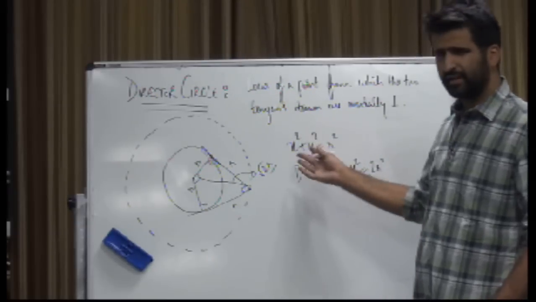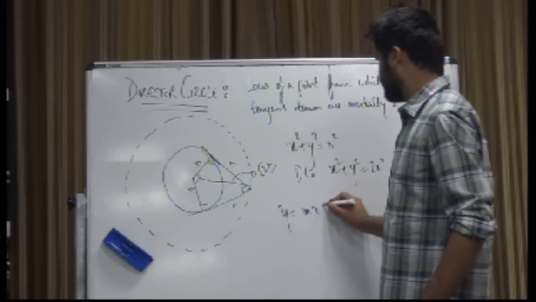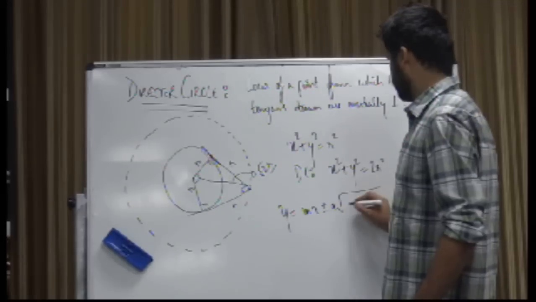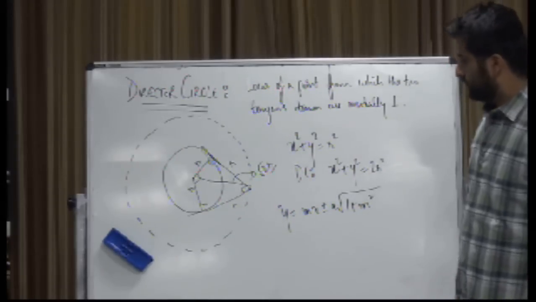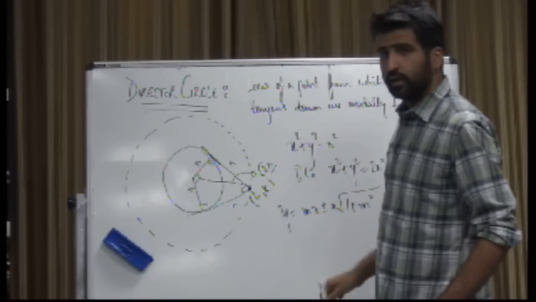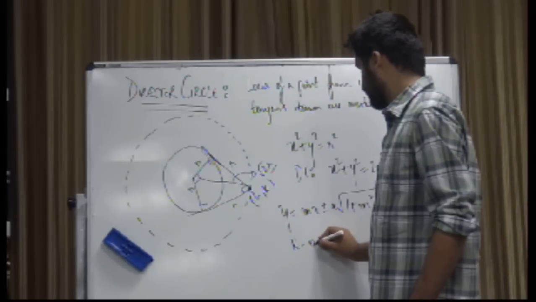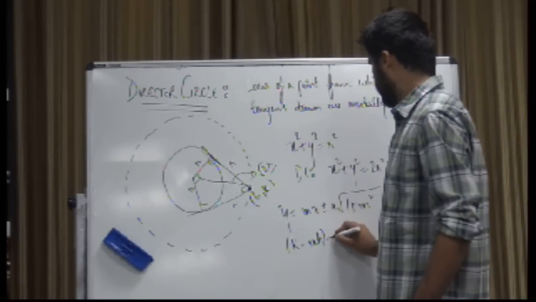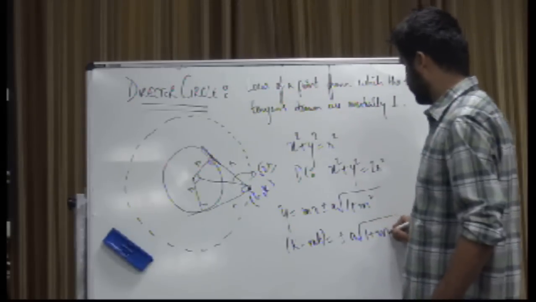So how do we derive this thing? In the case of circle, we have y is equal to mx plus minus a root 1 plus m square, right? So let's assume this point as h comma k and put this h comma k over here. So you will get k minus mh is equal to plus minus a root 1 plus m square.